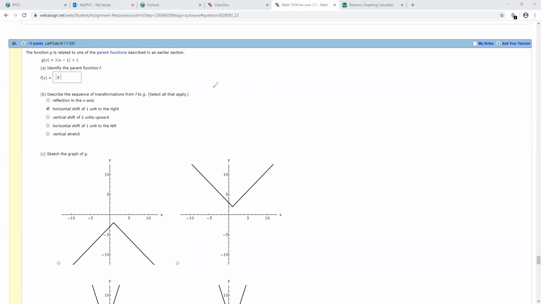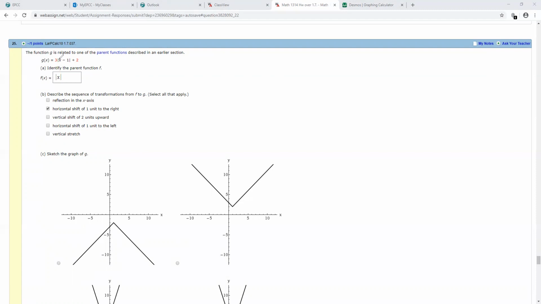What multiplication is it, Griselda? +3. And is it inside, next to the x, inside the function, which would be a horizontal dilation, or is it outside? Outside, sir. And so is it horizontal or vertical? Vertical. And when it's vertical, do you do the mathematical inverse of what it says or do what it says? Do what it says. And what does it say?